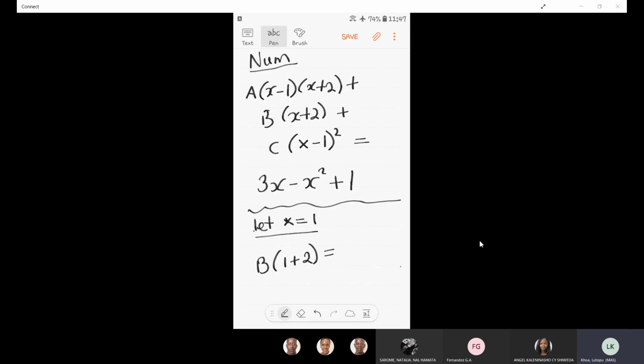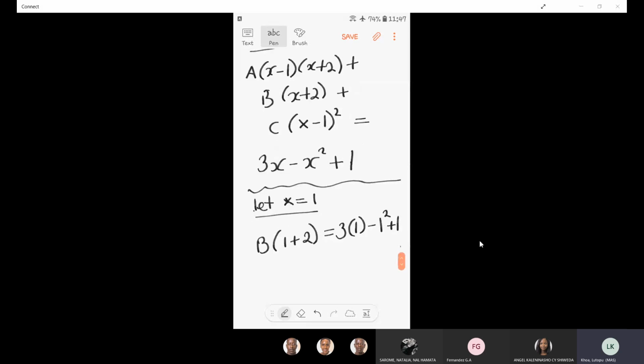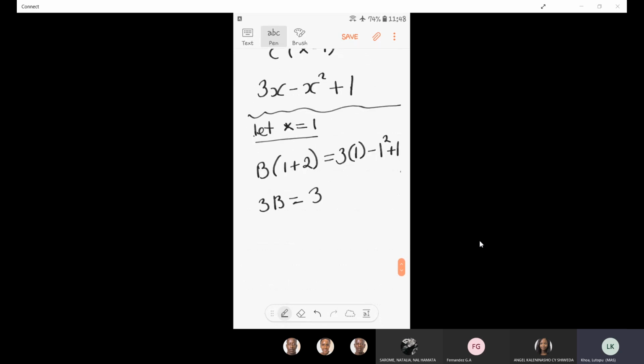And then on the other side, I put 1 there, so I have 3 times 1 minus 1 squared plus 1. So here I have 3B. This is equal to 3, and that means B is equal to 1. So that is my first solution.